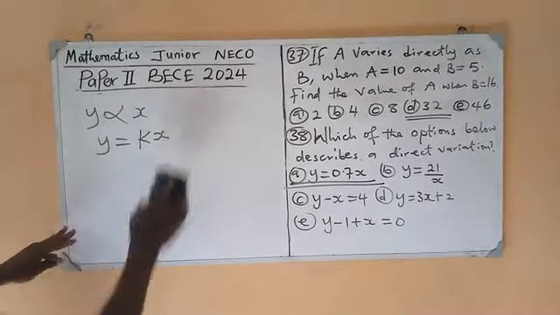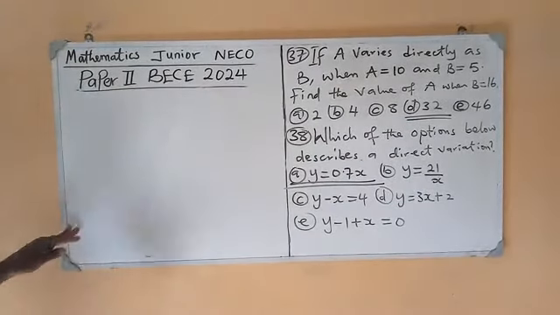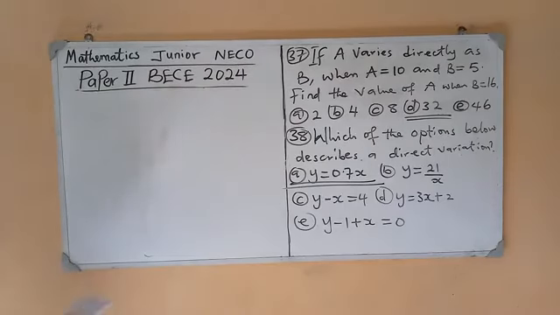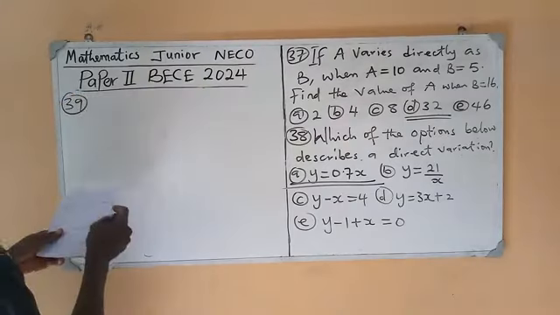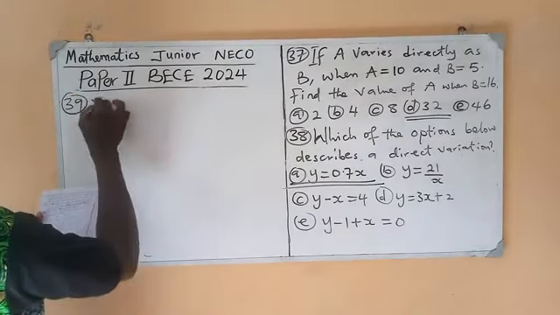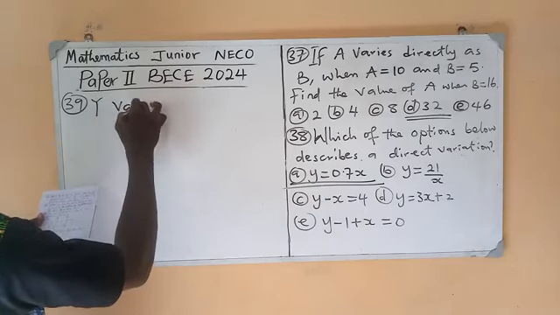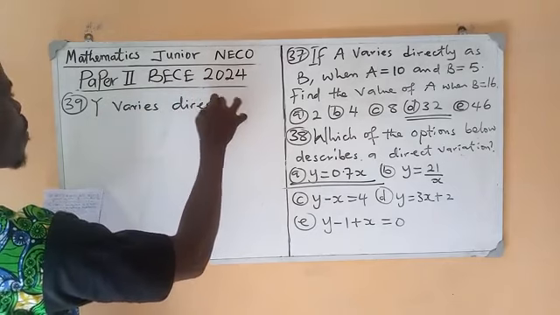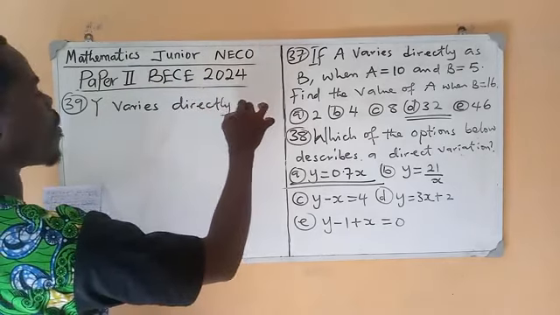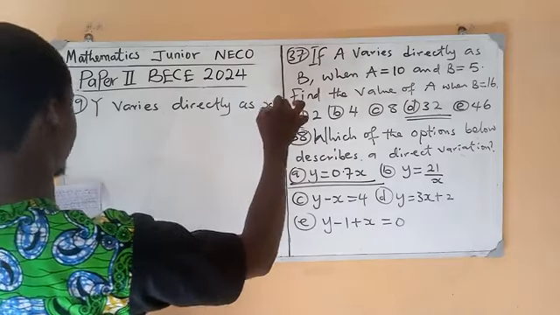Okay, the next question, question number 39, says, y varies directly as x.